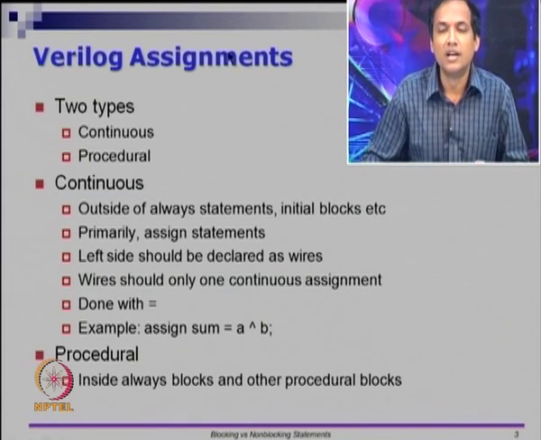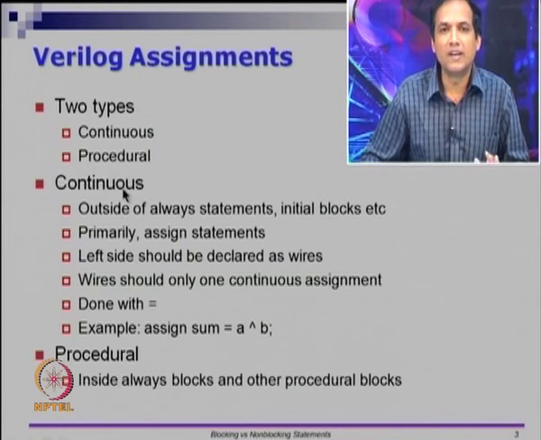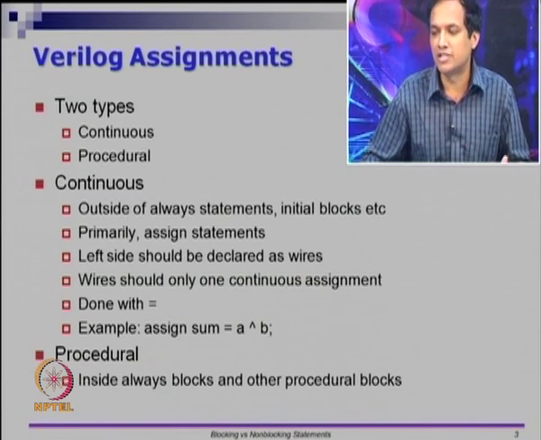First of all, assignments in Verilog are of two different kinds. There is something called continuous assignment, and there is something called procedural assignment. The continuous assignment is something that happens outside of always statements and outside of initial blocks.